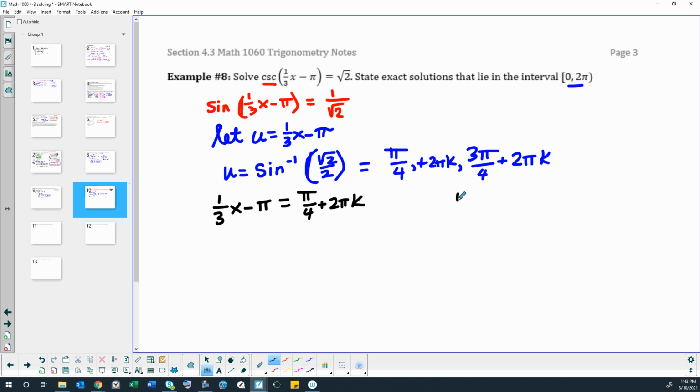And then we're going to have 1/3 x minus pi equals 3 pi fourths plus 2 pi k. Let's go ahead and solve each equation separately. So 1/3 x equals, and we're going to add the pi to both sides, so that would be like adding 4 pi fourths to our pi fourths. So that actually takes that quadrant 1 and moves it to quadrant 2.